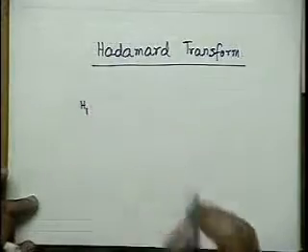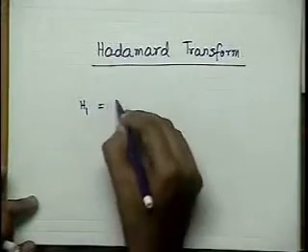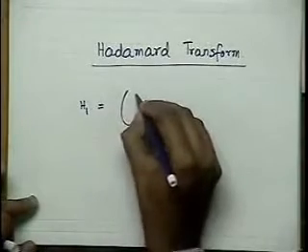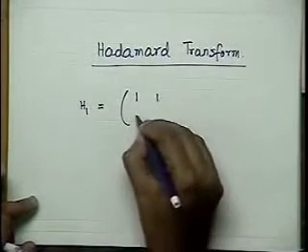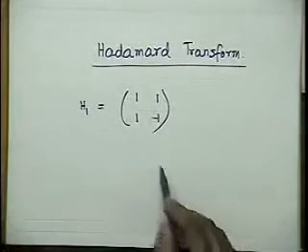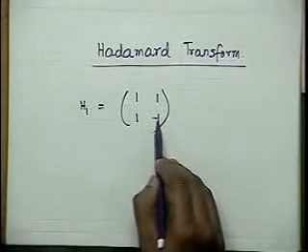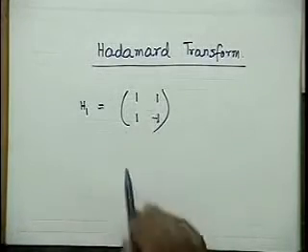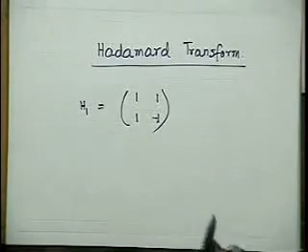That elementary matrix definition is: the elements are 1, 1, 1, and the last element is -1, the rest of the elements being 1, 1, and 1. Now it is a 2 by 2 matrix, and again, since this has to be a unitary matrix, it is to be normalized, and an n by n matrix is normalized by 1 by square root of n.